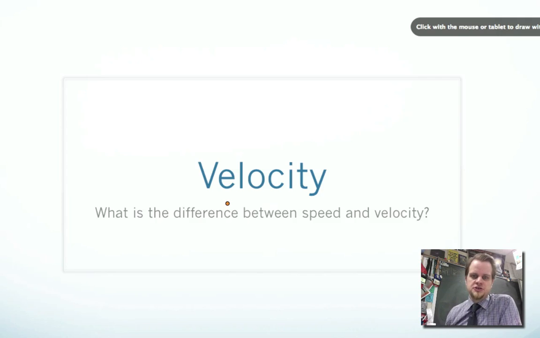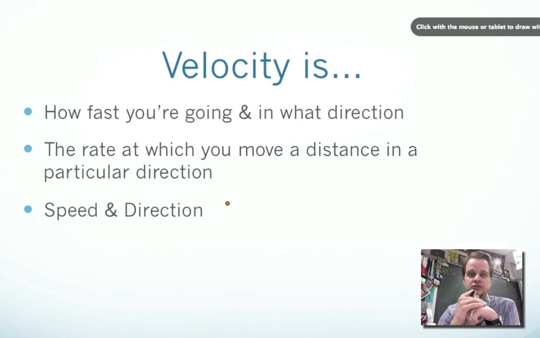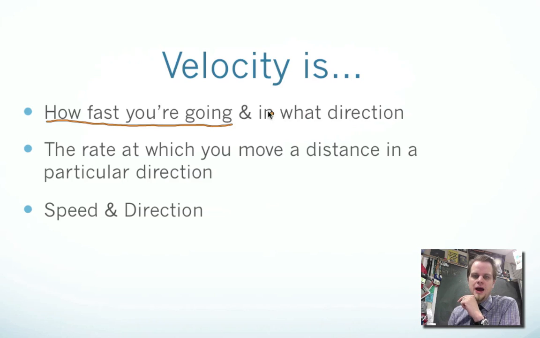All right, so first of all, velocity is actually basically the same thing as speed, in the sense that it is how fast you're going, except you add what direction you're going. Okay? So velocity is how fast you're going and in what direction.